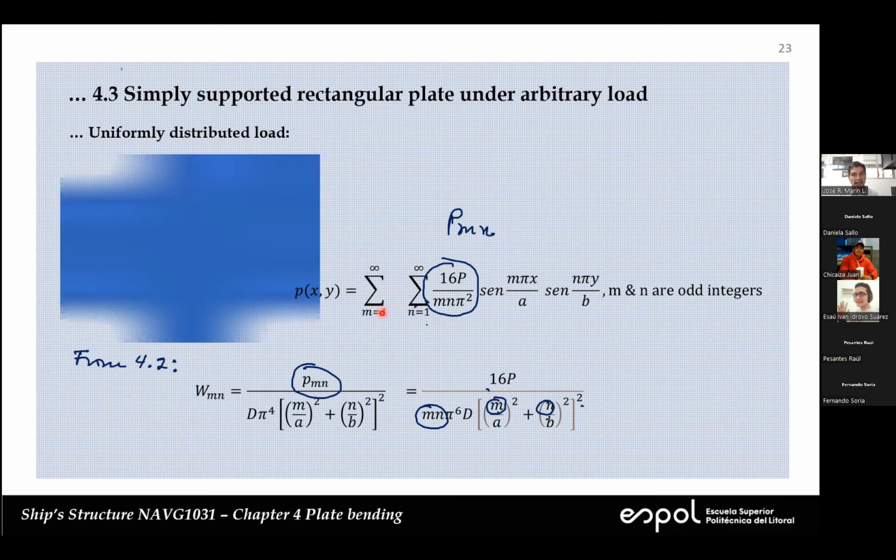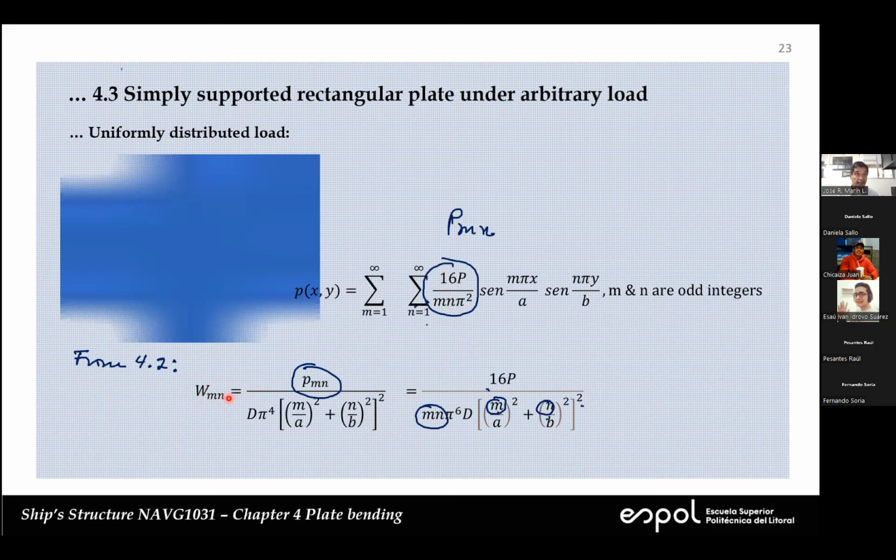That means that as you increase m, the denominator increases, so the quotient is going to reduce. For example, for m equal to 100, this is going to be 1 over 100, probably 1 over 1,000. That's going to be very, very small. That means that we can stop the expansion at some point.